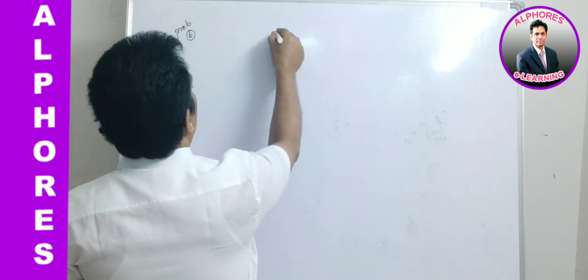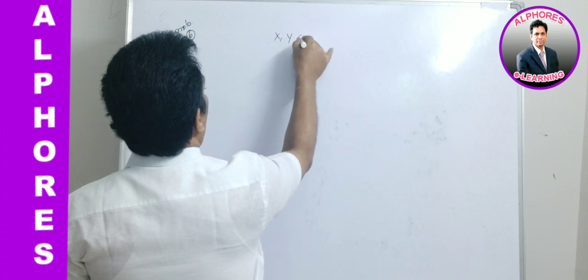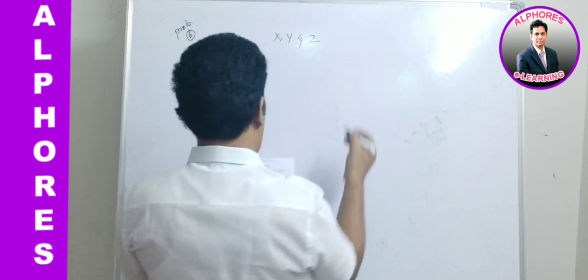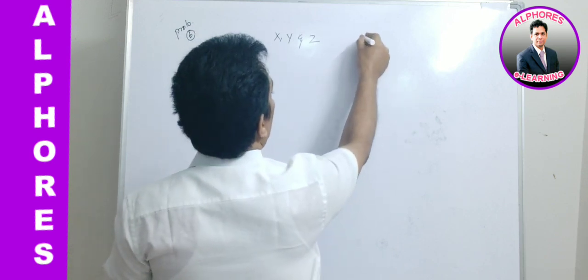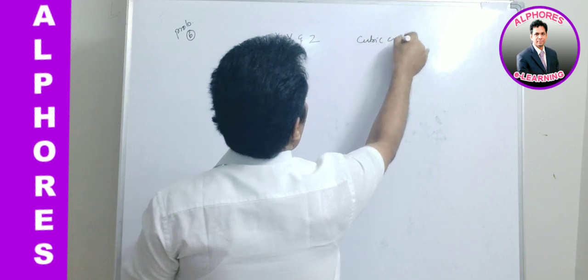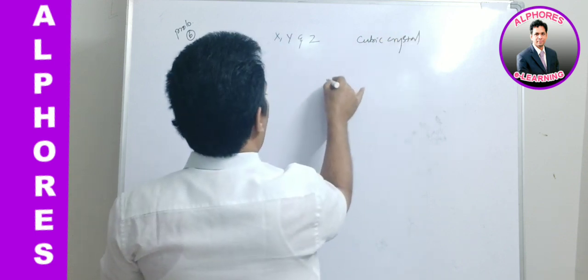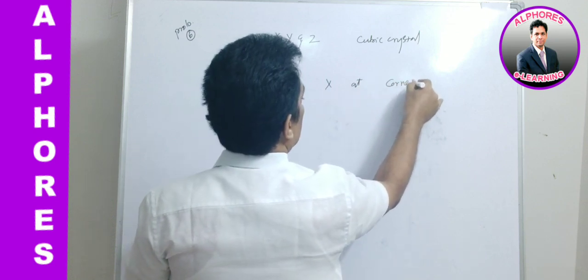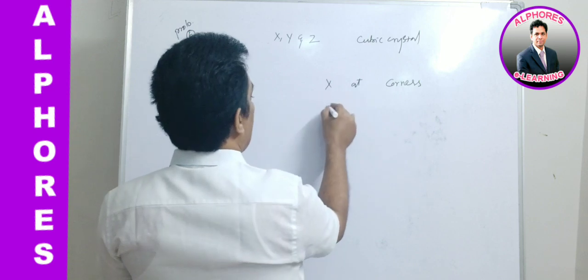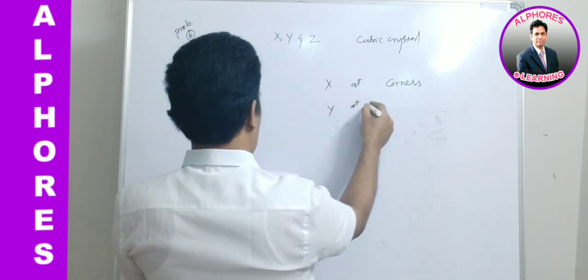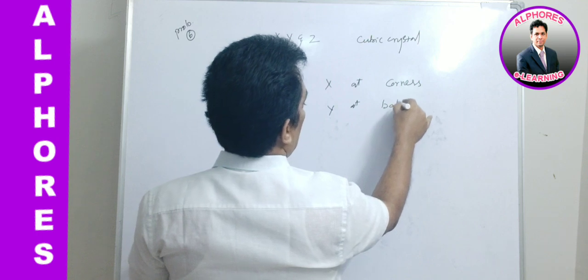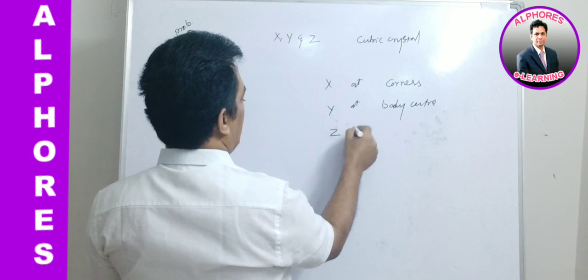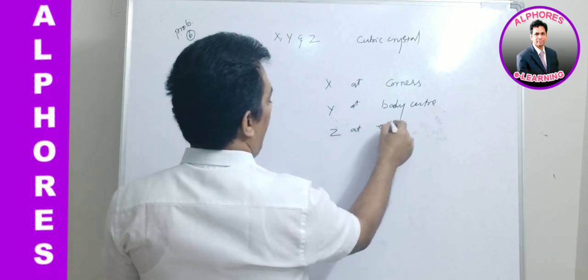Here three elements X, Y and Z crystallized into cubic crystal, where X atoms are at corners and Y atoms at body center, and then Z atoms at edge centers.